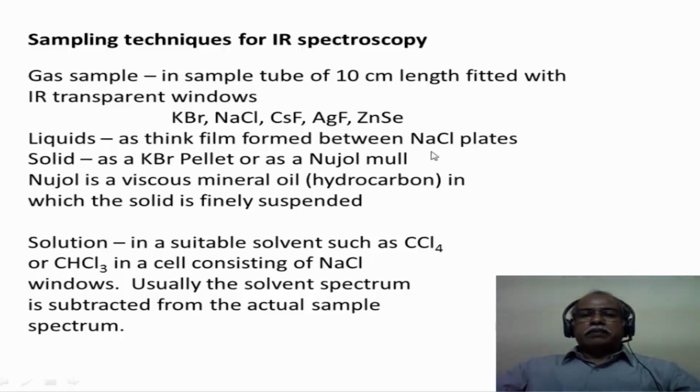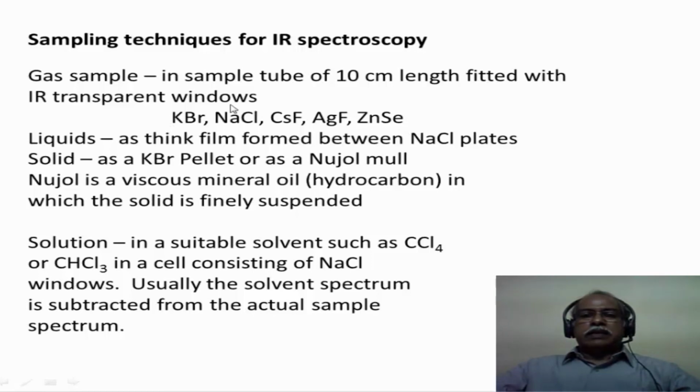Sampling technique is extremely important in infrared spectroscopy because many glass vessels or quartz vessels do absorb the infrared radiation. So one cannot use glass vessels or quartz vessels for infrared radiation. One has to use vessels made of materials which do not absorb, or predominantly do not absorb, the infrared radiation.